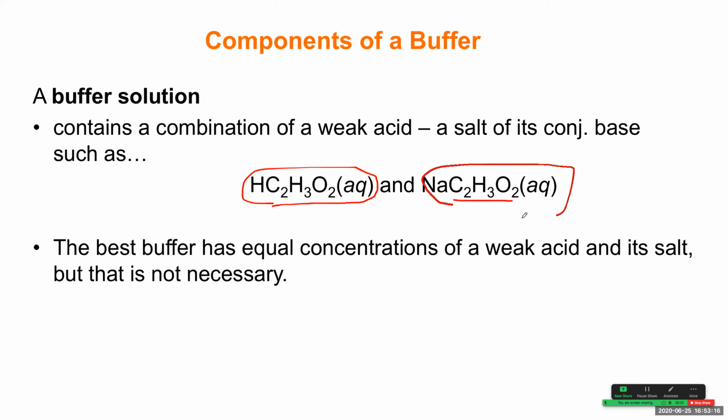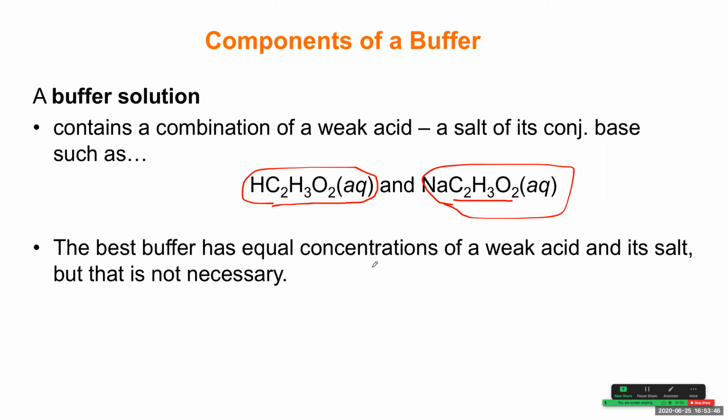Remember, ions don't exist by themselves, so we have to add a salt that contains acetate. It could be sodium acetate, ammonium acetate, maybe not ammonium acetate because ammonium ion is acidic. Maybe potassium acetate, magnesium acetate, any of those would work to provide the conjugate base of acetic acid.